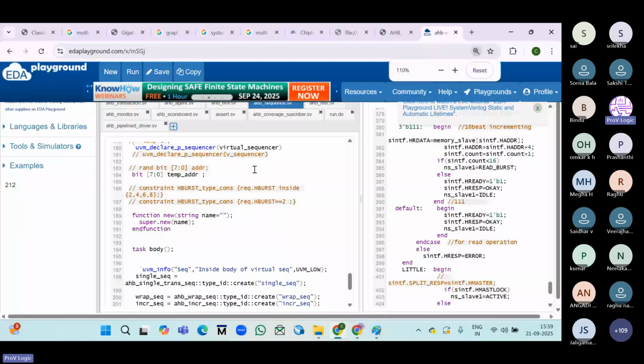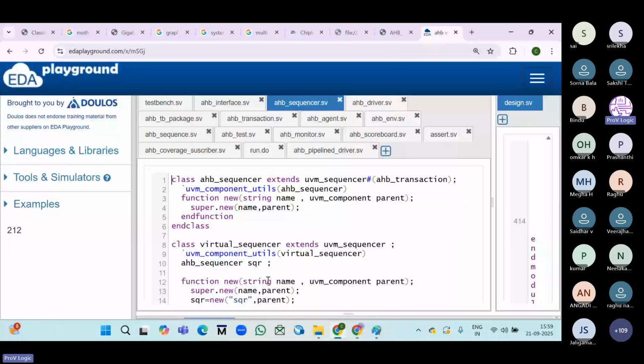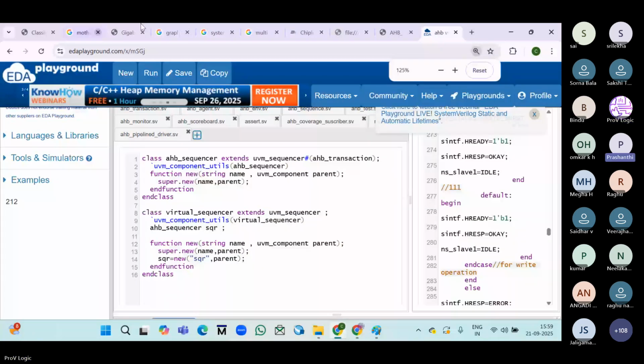First of all, you need to have a good understanding of the UVM testbench: what is meant by sequence, sequencer, driver, monitor, scoreboard, top-level environment, test. Do you have an idea? Yes, ma'am. Okay, so that is the flow you need to follow.